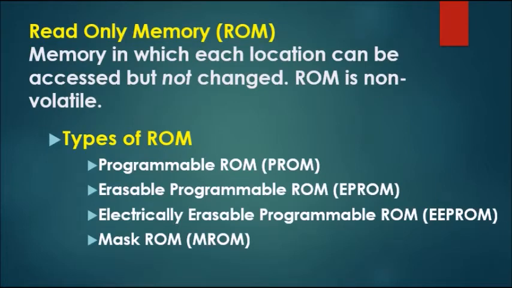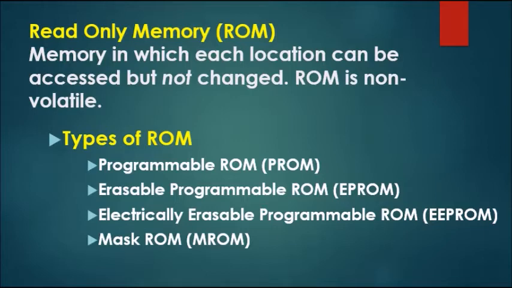Next in primary memory, we have read-only memory, that is ROM. ROM is a type of memory where the data has been pre-recorded, and the data stored in ROM is retained even after the computer is turned off. That is, it is non-volatile memory.